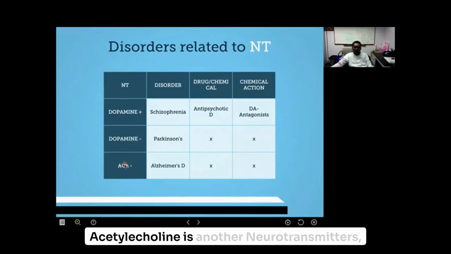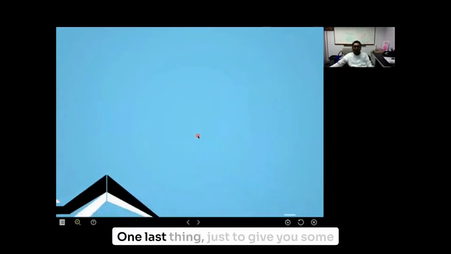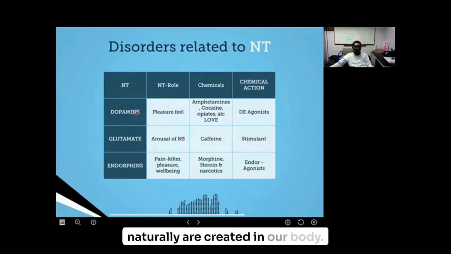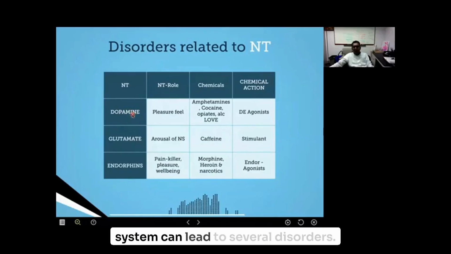Acetylcholine is another neurotransmitter, and a lack of it is associated with Alzheimer's disease. One last thing, just to give you some information about the specific actions of some important neurotransmitters that naturally occur in our body. For example, dopamine: we have seen increased or decreased amounts of dopamine in the system lead to several disorders.